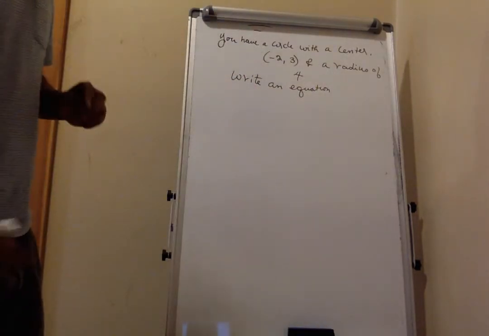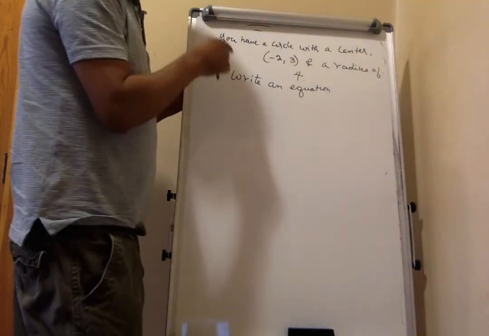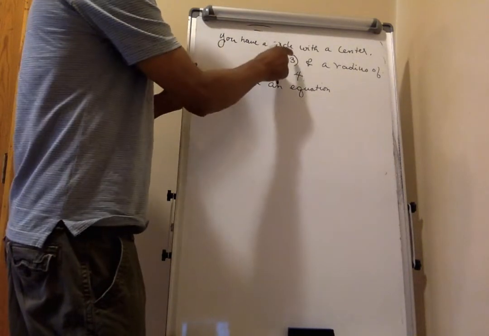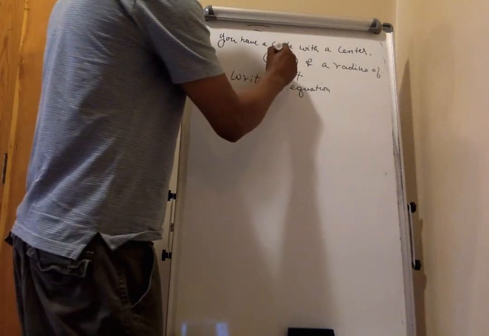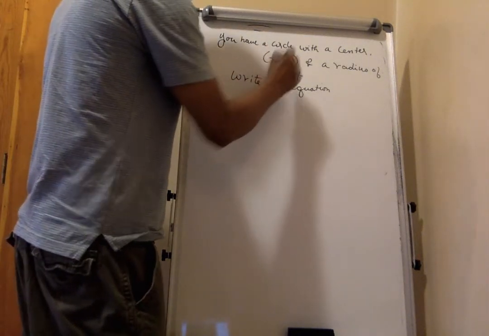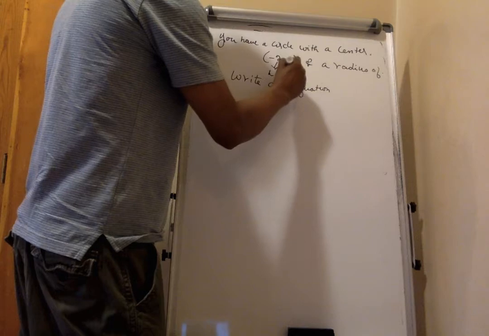Mind you, the center, -2 is the x component of the center and 3 is the y component of the center. So I'm going to write this one as h and this one as k.